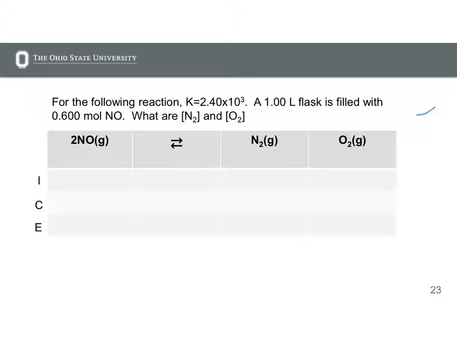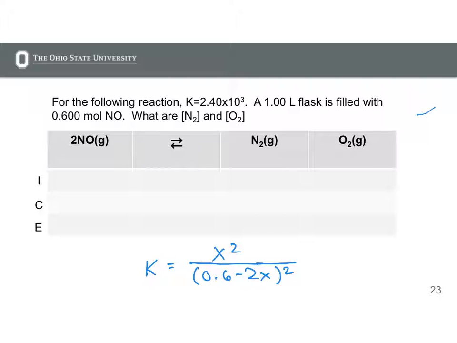I'm seeing some good progress. I want to point out one thing before we get in over our heads here on some math. You're going to end up with your K value is equal to x squared over 0.6 minus 2x, and that's going to be squared. You got it.